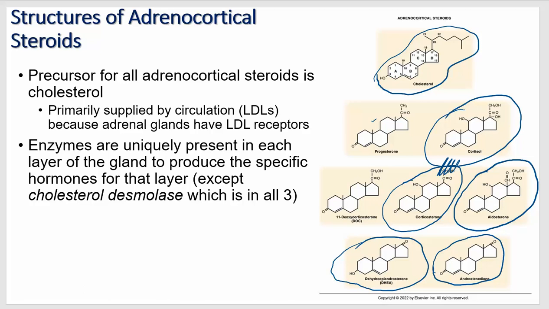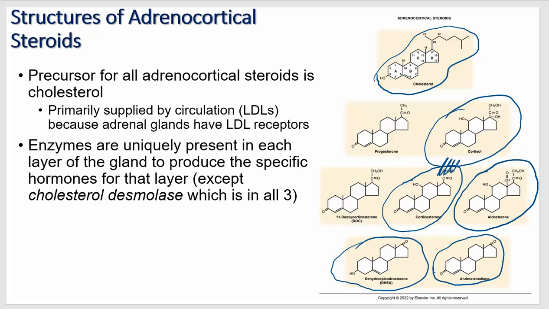All right, so let's see. The precursor for all adrenal corticosteroids is cholesterol. Okay, so it's primarily supplied by the circulation. So remember our LDLs carry cholesterol down to cells that need it. So our adrenal gland does need the cholesterol dropped off.